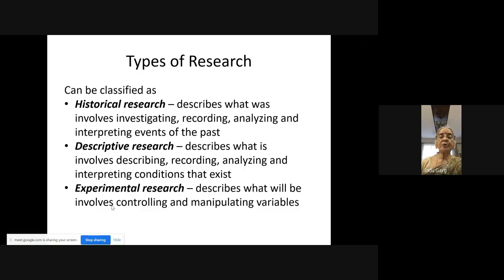Okay, so what are you doing? Studying what is existing right now. You have collected data, you are describing it, you are recording it, you will analyze, and you will interpret the condition that is existing in the classroom now.